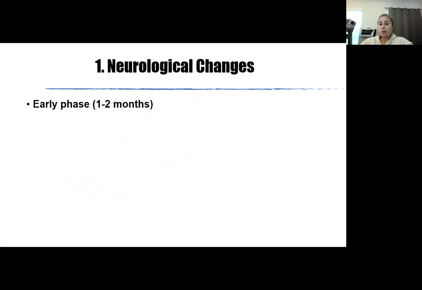So let's talk about those early adaptations, what happens neurologically. Very important early on, you're learning how to do those resistance exercises. So there's a lot of learning here and a lot of improvement in skill and coordination. We're trying to learn how to activate our muscles to perform different exercises.